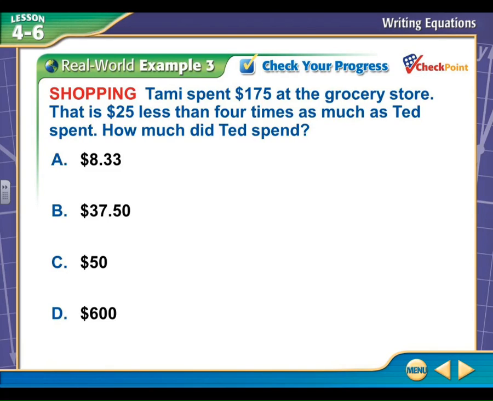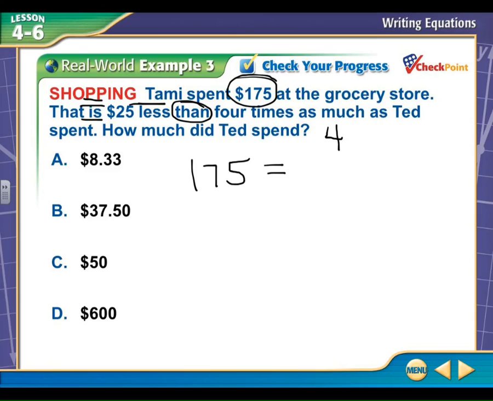Okay, so I have a total of $175, and that is 25 less, so I'm going to subtract $25 from something. 4 times as much as Ted spent, so it's 4T.